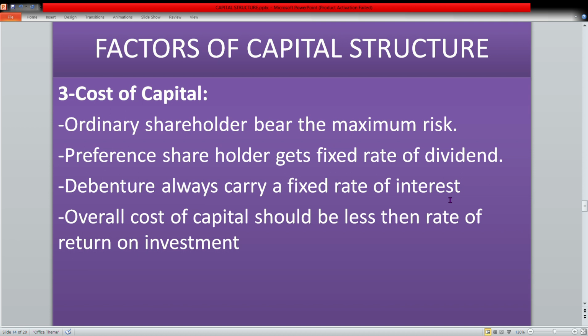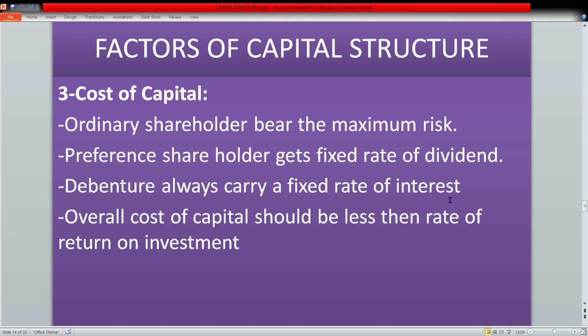Suppose I have taken a loan for the company and am paying 10% interest on 1 crore. That is 10 lakh is the interest. But if I invest 1 crore in the business, I will get 14 lakhs of rupees as return. That means 4 lakh I am getting more than the interest. So it is a good decision to take the loan.